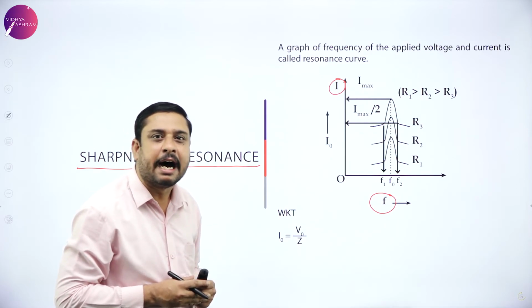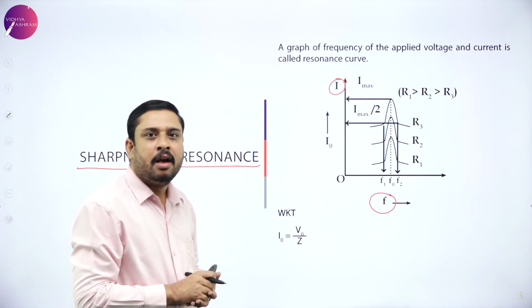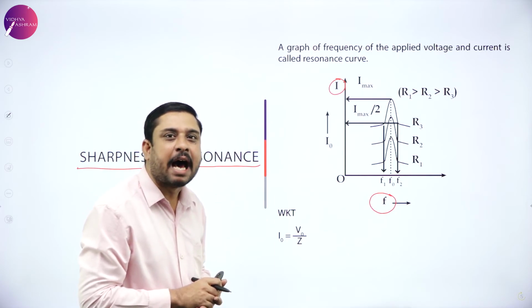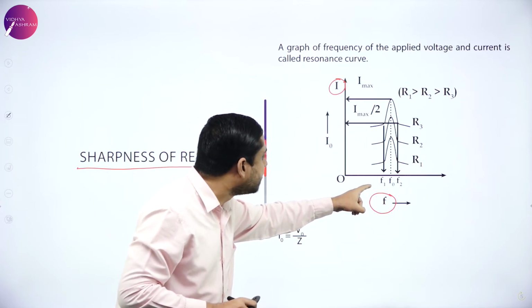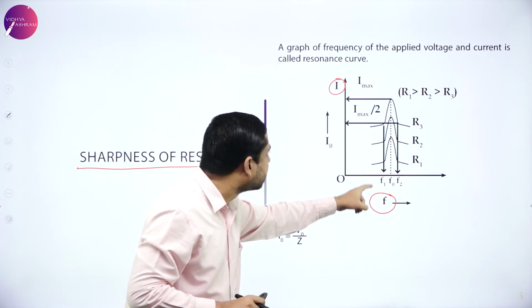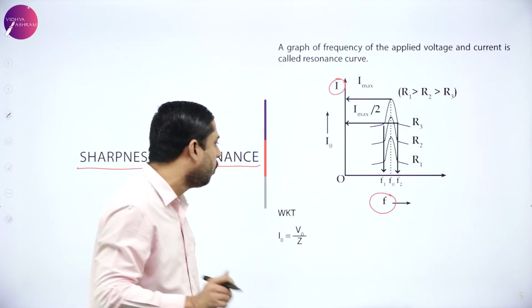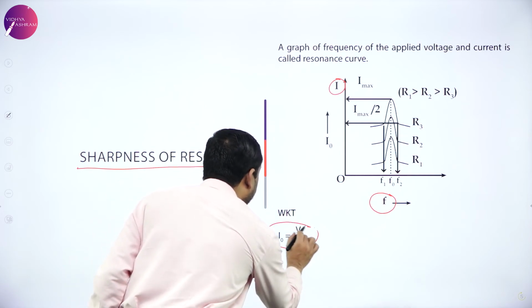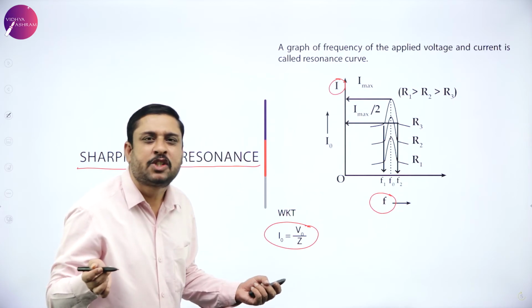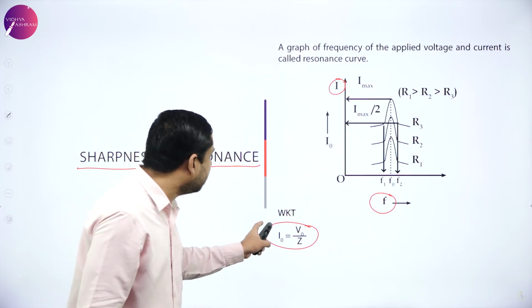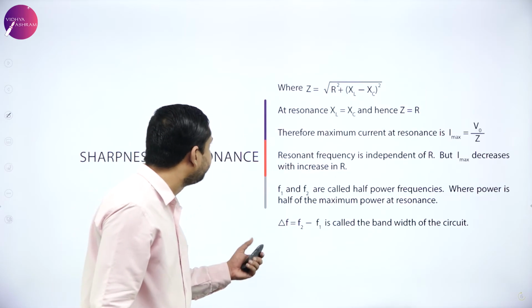It is a curve that is obtained by plotting frequency along x-axis and current along y-axis. Now, we have I naught equals V naught by Z.